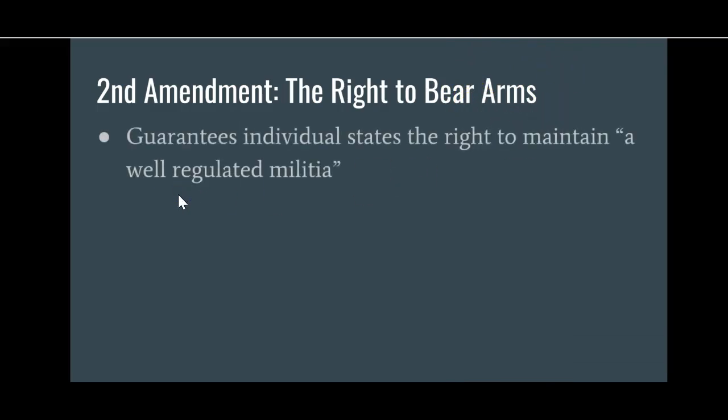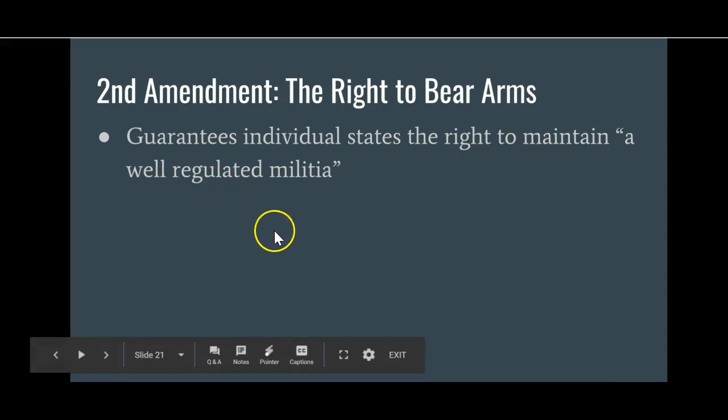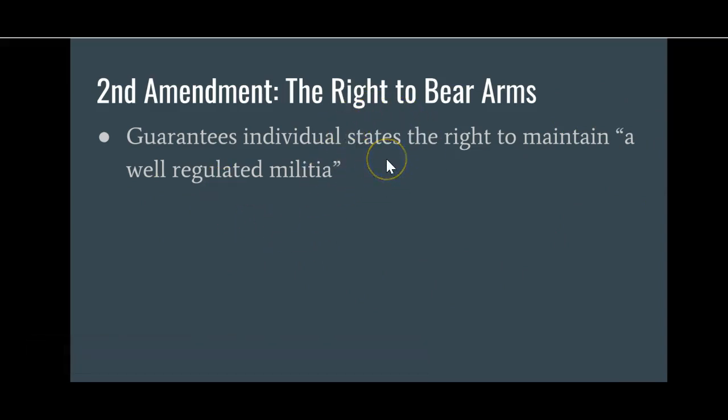So what do these words mean exactly? Well, the Second Amendment guarantees that individual states have the right to maintain a well-regulated militia. States in this case are the states in the United States, like the state of Washington that we all live in, state of Texas, state of California.